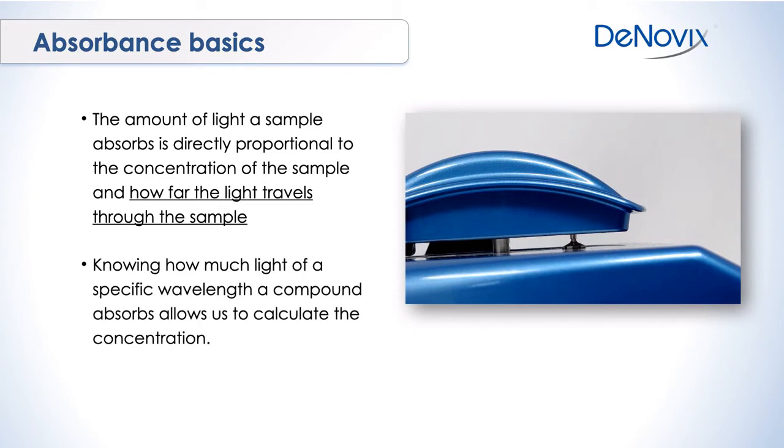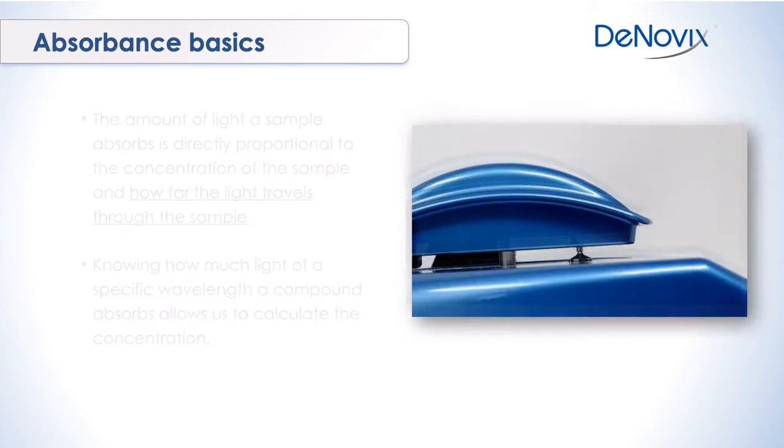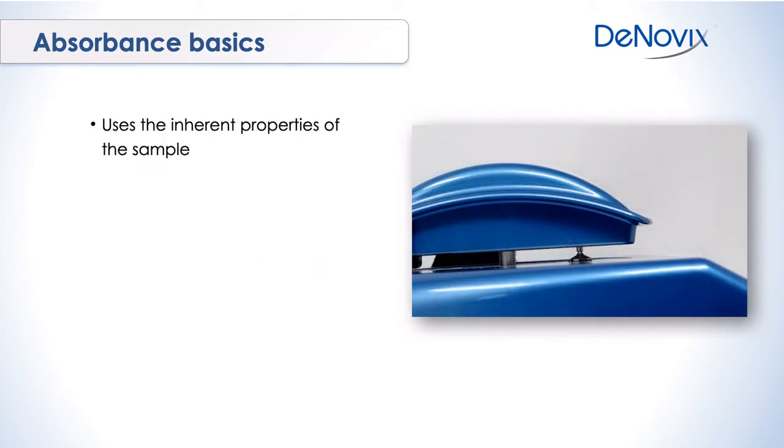So if we know how much light of a specific wavelength passes through a sample, then that allows us to calculate the concentration of that sample according to the Beer-Lambert equation. So one of the fundamental properties of absorbance is it uses the inherent properties of the sample in order to do the quantification.